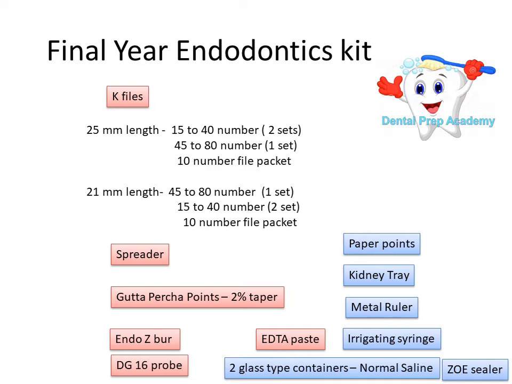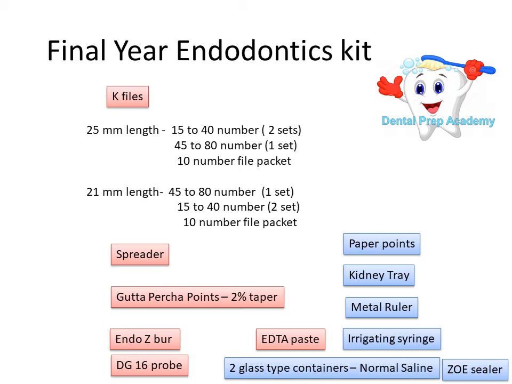So mostly in preclinical endodontics, you would be using distilled water or normal saline in the canal to flush out the debris which is created by the file when it works with the canal.